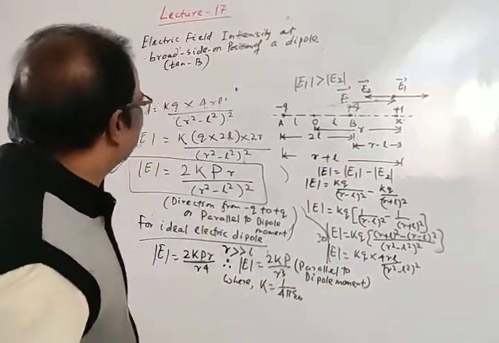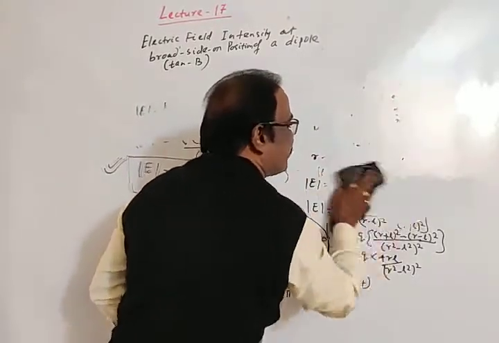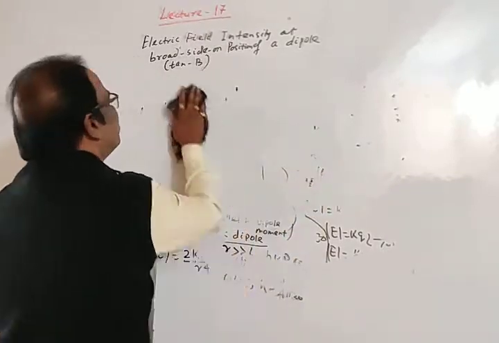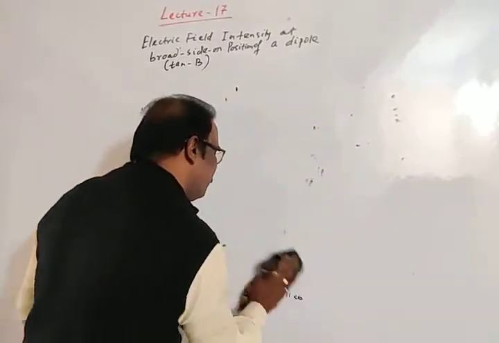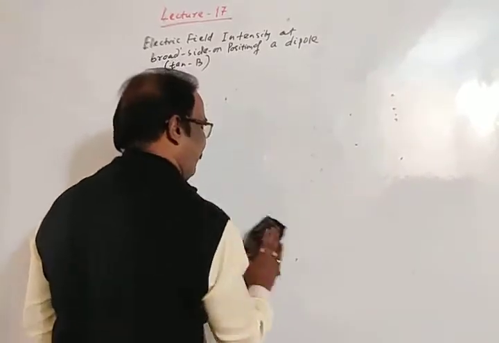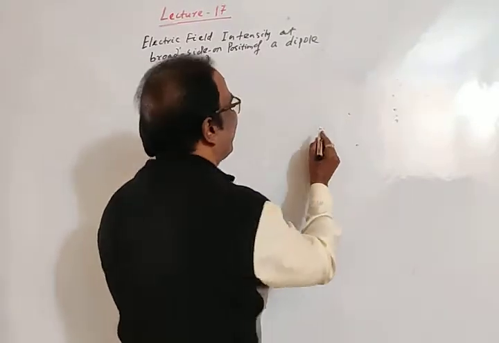Okay, next. Now we will get the electric field intensity at the broadside on position of an electric dipole. Again, let's consider an electric dipole.